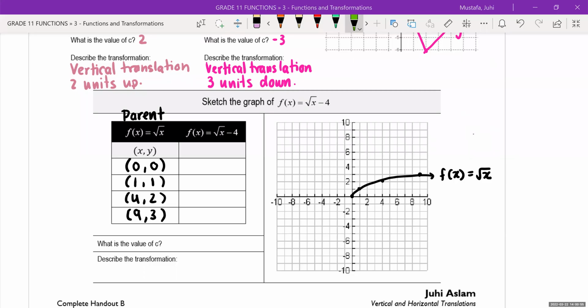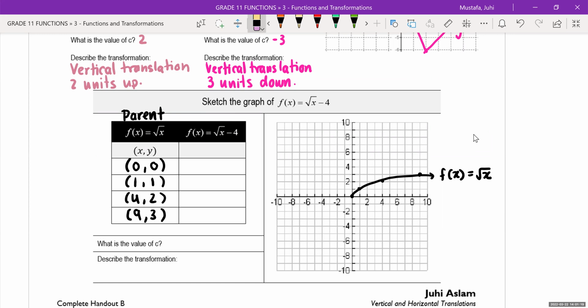Now, on the right-hand side of the table of values, this is our new function that they're telling us to graph. So they're telling us that we're going to graph the square root function, except we're also going to subtract 4, which means we're going to move it down 4 units. We could just take all of the points on the graph and move them down, and we'll probably get the right shape. But again, inefficient, because when we get to harder questions, it won't make sense.